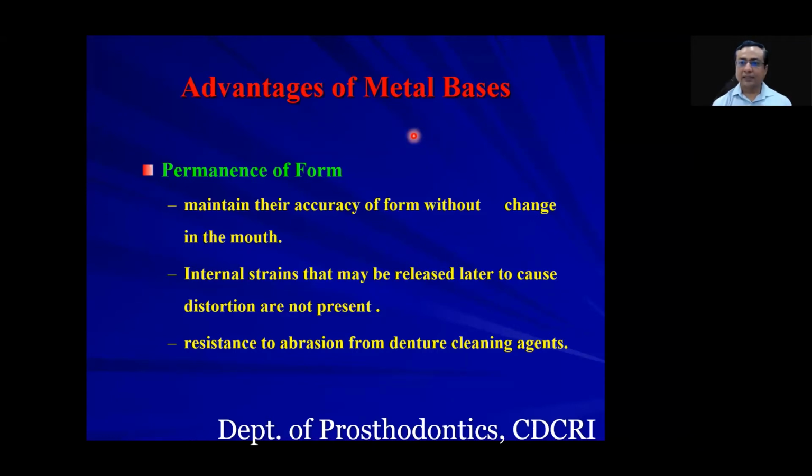Whereas the acrylic denture bases are subjected to internal strains. Also, the metal denture bases are quite resistant to abrasion, to abrasive foods or the opposing teeth. So once you have given a form to a metal, it will not easily change its form.